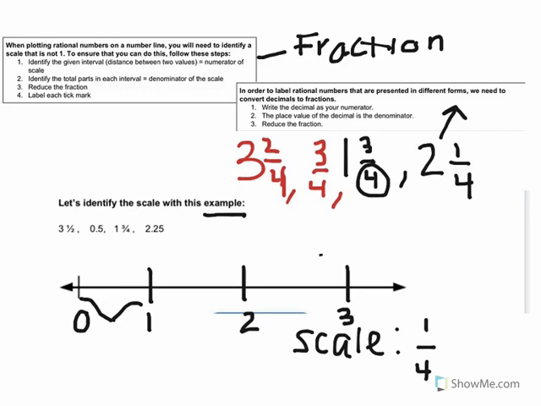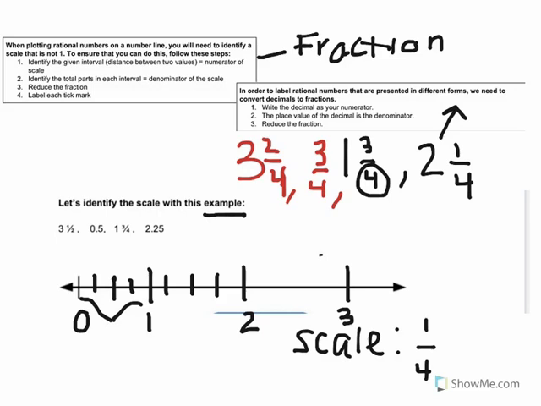Sorry, I'm going to have 1/4, I'm going to have 2/4, 3/4, and then 4/4 is going to make my whole number of 1. Then I will have 1 and 1/4, 1 and 2/4, 1 and 3/4, and 1 and 4/4 is going to be our whole number of 2.